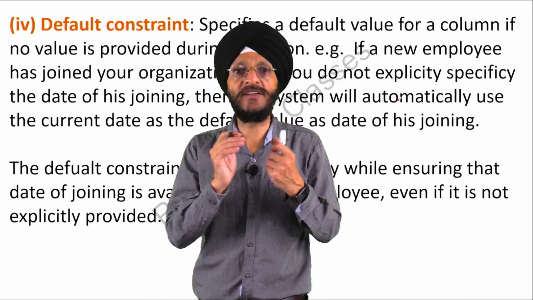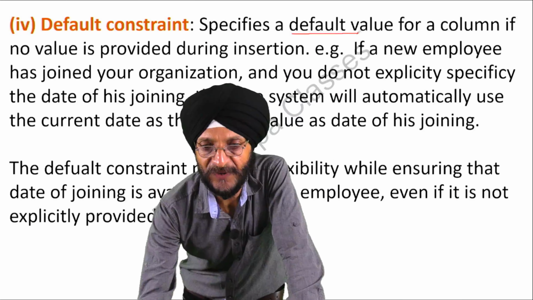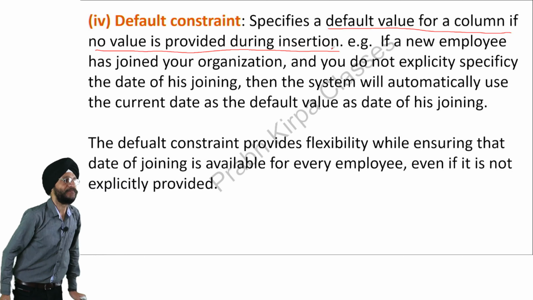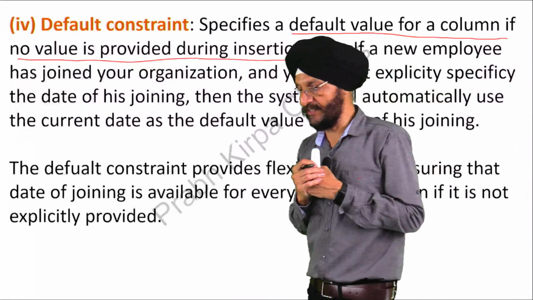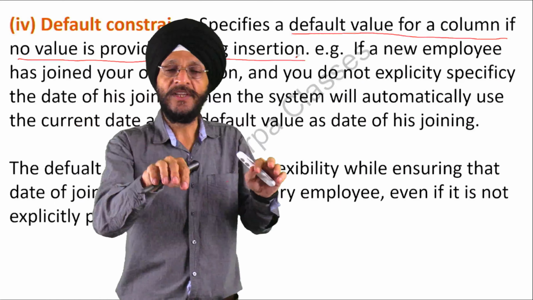Next point is default constraint. This constraint specifies a default value for a column if no value is provided during insertion. Suppose a new employee has joined your organization and you fill the data in respect of the same in your system.